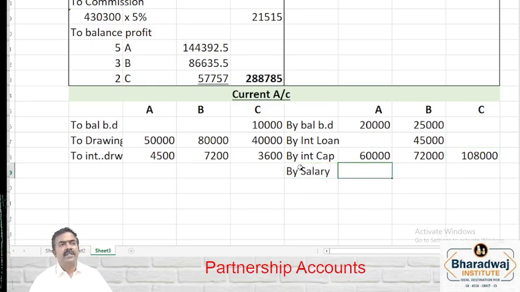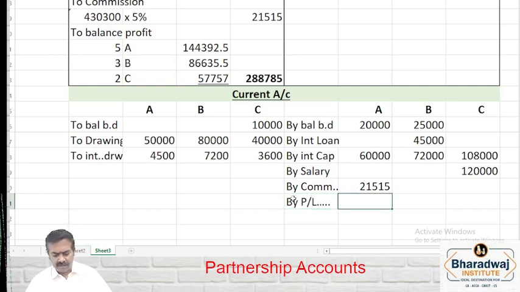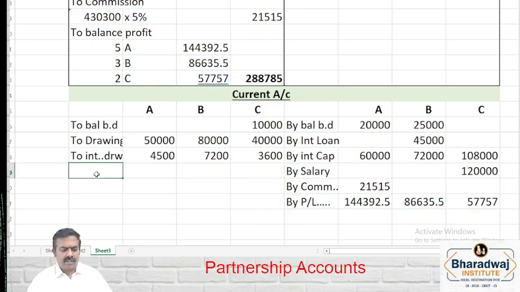Then by salary. Salary is paid to whom? How much? 1,20,000. Then by commission. Commission is paid to which partner? A. Commission we worked out, 21,515. By P&L appropriation, the profit share, this one. Then that's all.